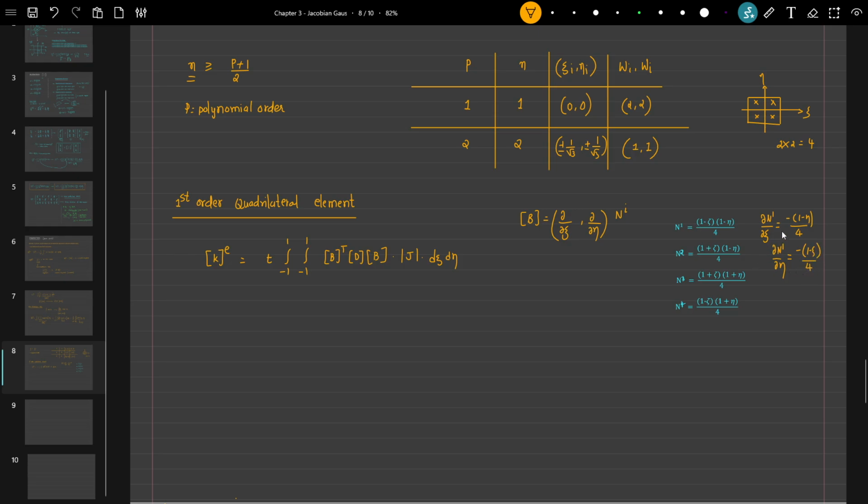So what I'm trying to say is, when we take derivatives of shape functions, they will have eta and zeta. So B will have zeta and eta. The maximum polynomial order is zeta or eta. Similarly, B transpose will also have zeta and eta. And D does not have zeta or eta terms.